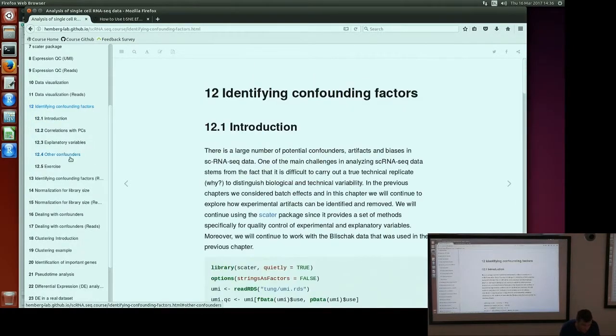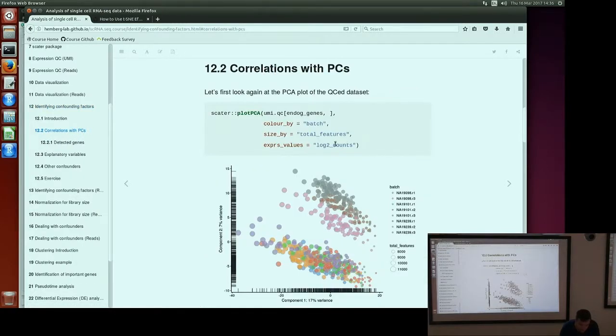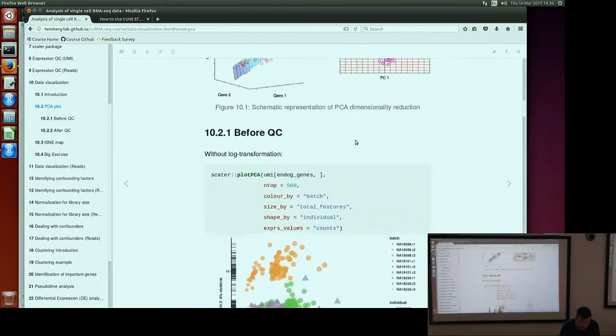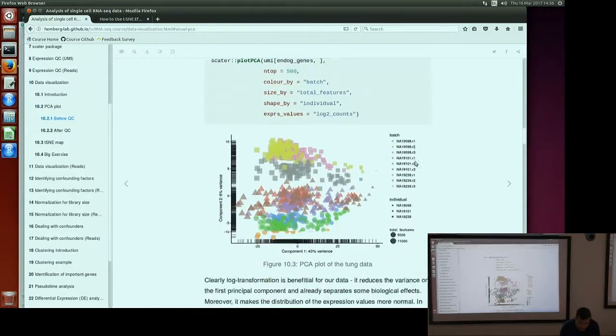Right, so if we specify, okay, here, yeah, fair enough, yes. So here we've specified that we want to use log2 of the raw counts as expression values, so that's exactly what it does. So the default, there's counts, there's log2 counts.